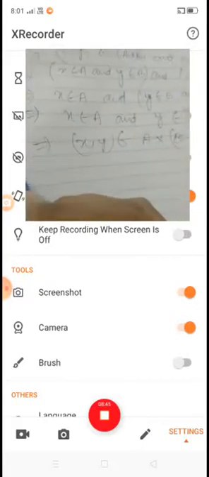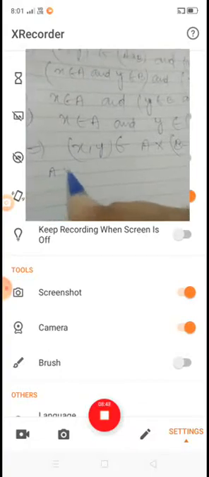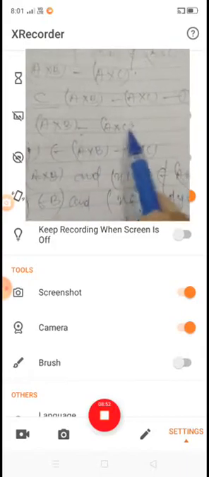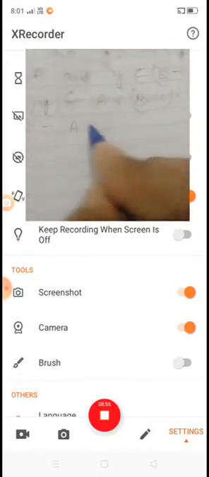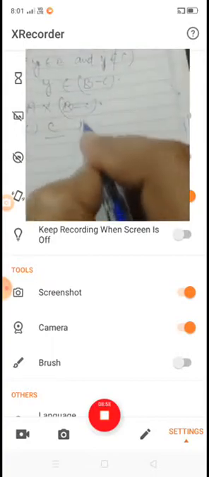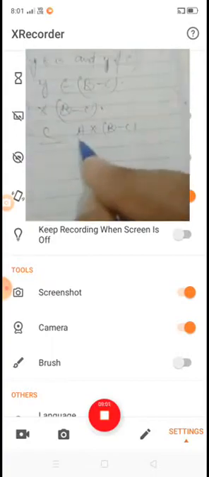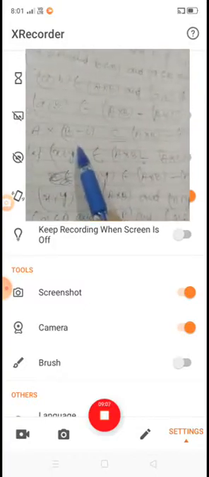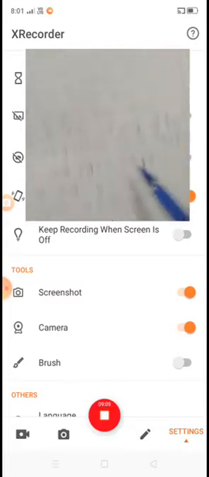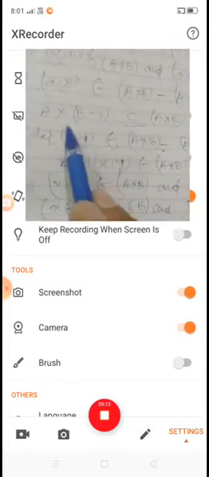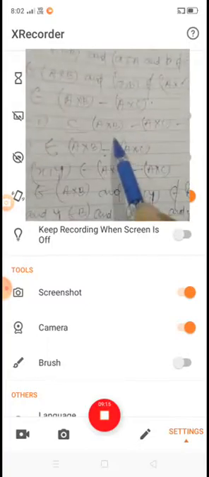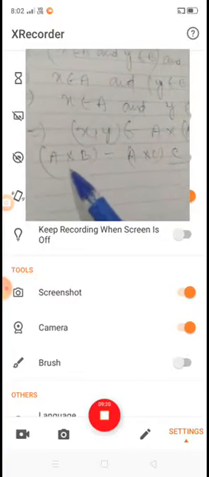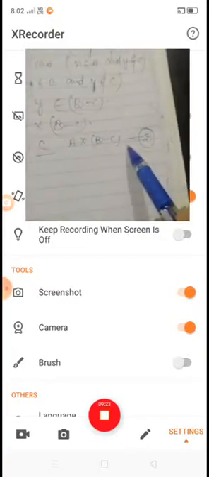It means that (A cross B) minus (A cross C) is a subset of A cross (B minus C), take this as equation number 2. So from equations 1 and 2: according to equation 1, A cross (B minus C) is a subset of (A cross B) minus (A cross C), and here we have shown that (A cross B) minus (A cross C) is a subset of A cross (B minus C).